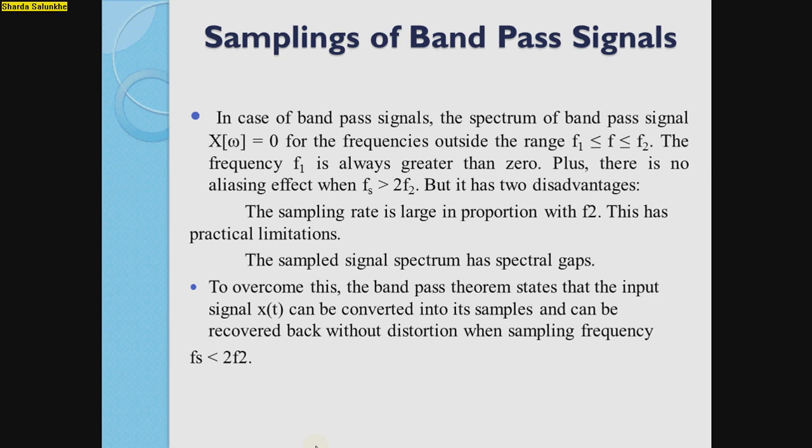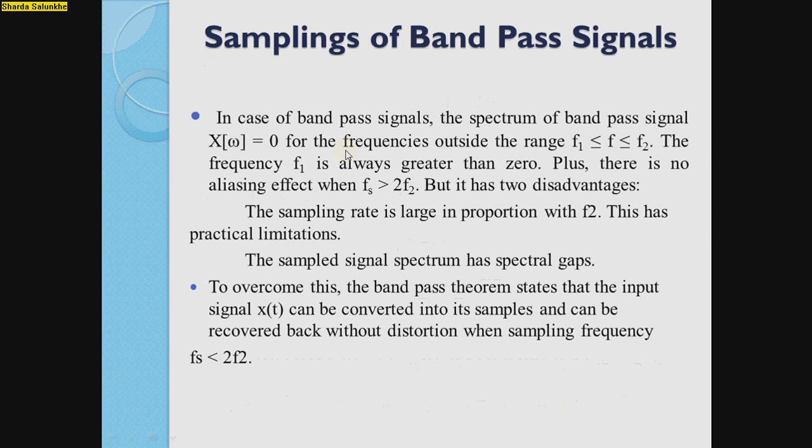To overcome this, the bandpass theorem states that the input signal x of t can be converted into its samples and can be recovered back without distortion when your sampling frequency fs should be greater than 2 fm, that is 2 f2.